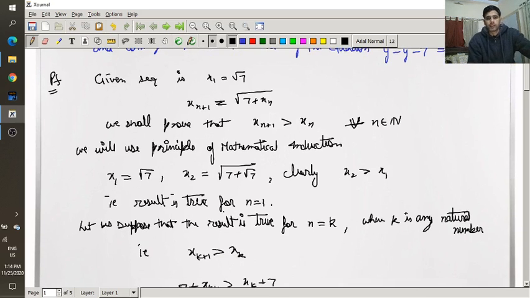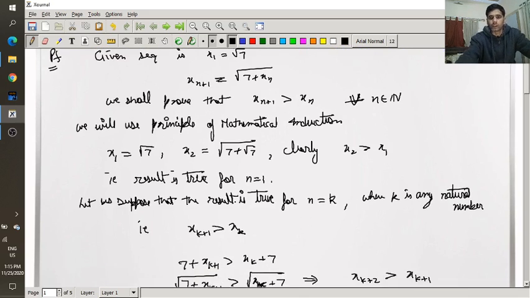Here there are three steps. First, the result is true for n equals 1. That is, if I put n equals 1 here, then I will get x2 is greater than x1. We found x1, then we evaluate x2, and clearly x2 is greater than x1, hence the result is true for n equals 1.